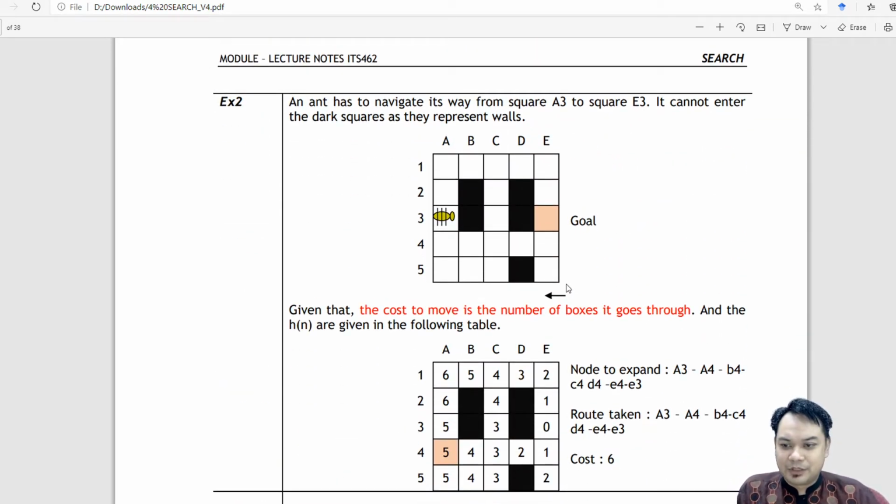This is an example question that would be asked in the final examination, where you are given a board, and there is an AND on the board, and you have to help the AND navigate the board to the goal, from start position A3 to the goal in E3.